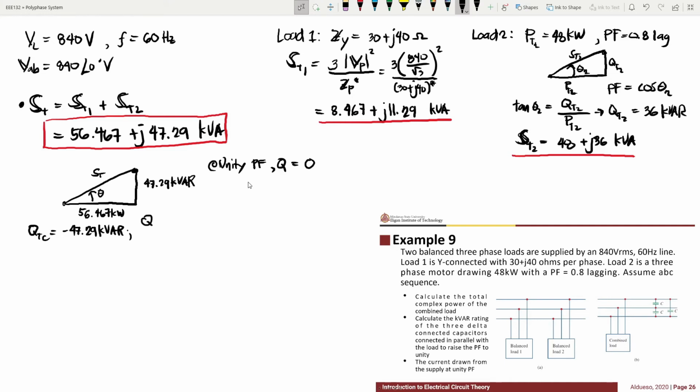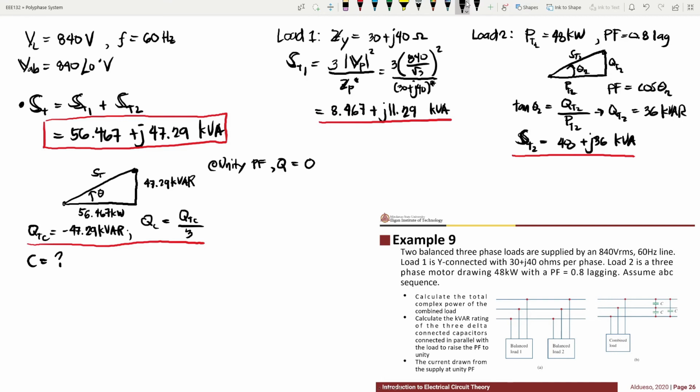So the Q for each capacitor is equivalent to Q_TC over 3. So what if we were to get the value of the capacitance of each capacitor?